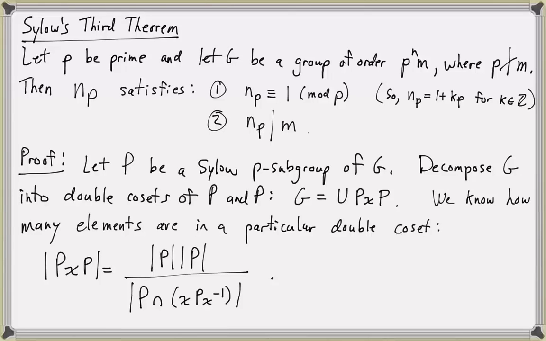We're going to break this down into two cases: where x is in the normalizer of P and where x is not in the normalizer of P, and we can further simplify this formula for the number of elements in the double coset PxP. Because if we look in the denominator, if x is in the normalizer of P, then xPx inverse just equals P. And if x is not in the normalizer, then this does not equal P. So that's how we'll have a simplification of this formula.